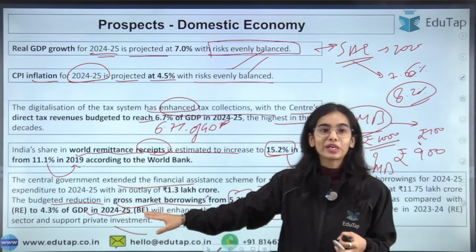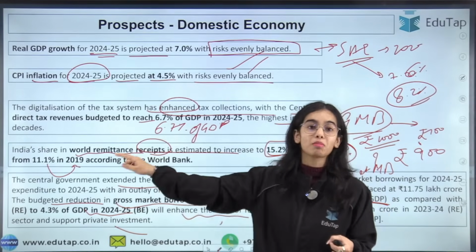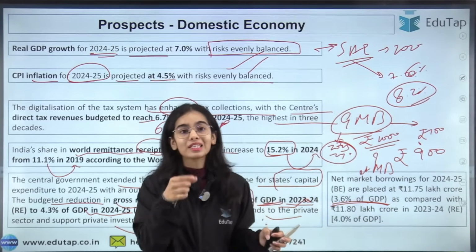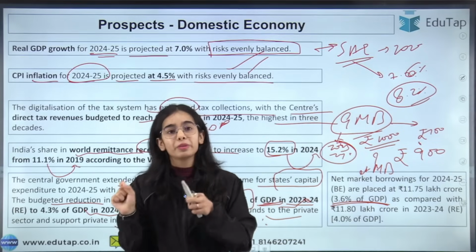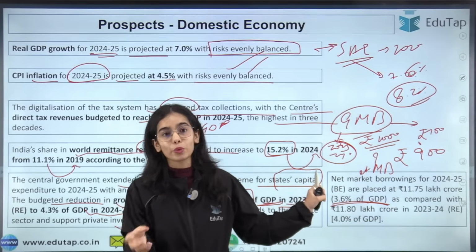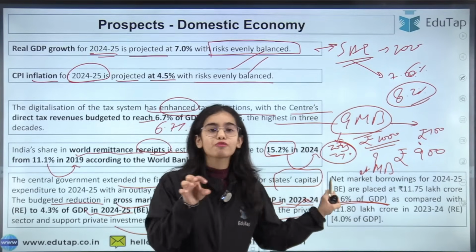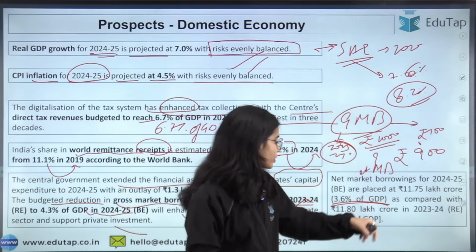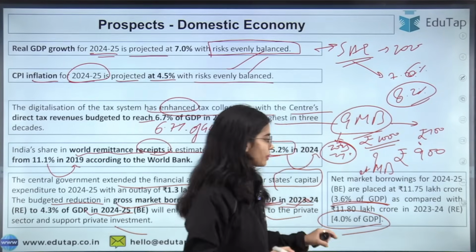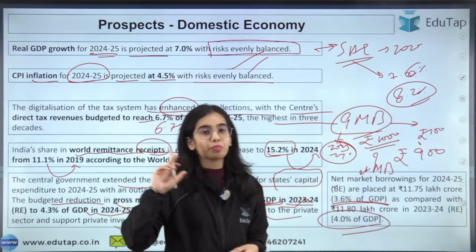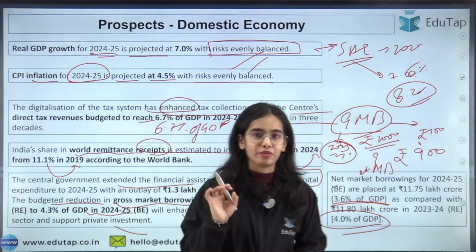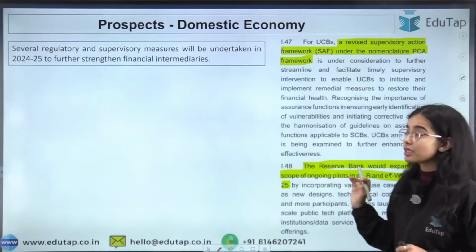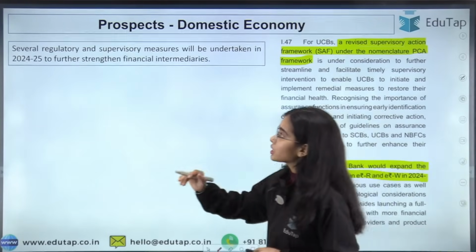So out of the 4.3% of the GDP that is the gross market borrowings, 3.6% of the GDP will be left as the net market borrowing that the government can actually use for expenditure, as compared to 4.0% of the GDP that was the net market borrowings in the previous financial year of 23-24. Clear?